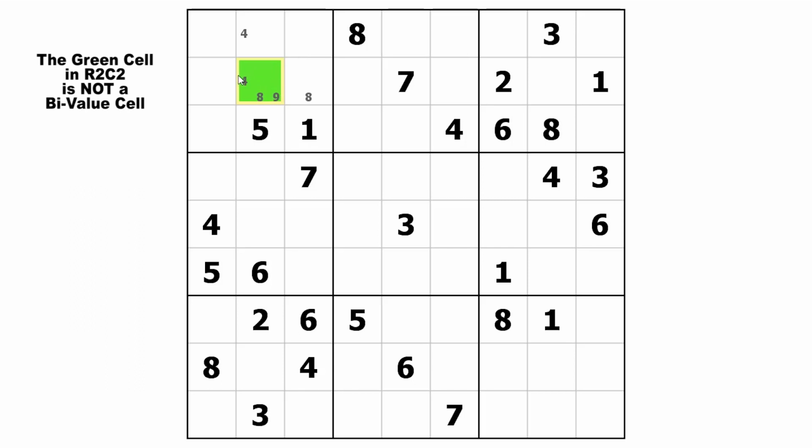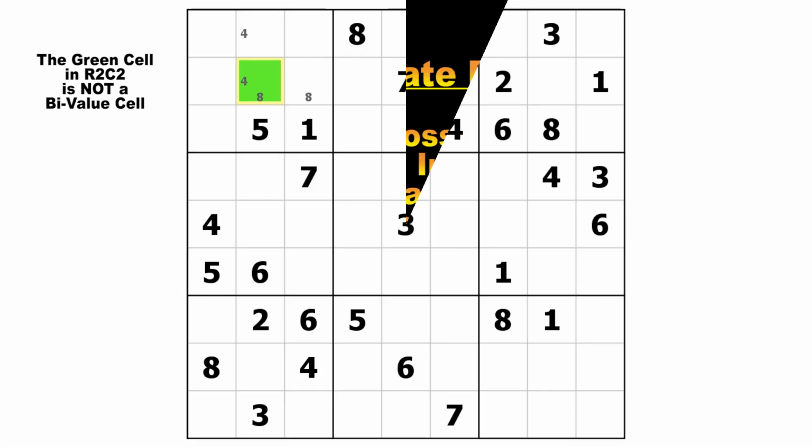So really there are 3 candidates for this cell, but as we are filling in the candidates in an economic way, like I said we're going to do, we may see it look like this. And whenever this happens, we need to continually be aware of when these are bi-value cells and when they are not bi-value cells. We have to pay very close attention to this important difference. More about that in the next lesson.